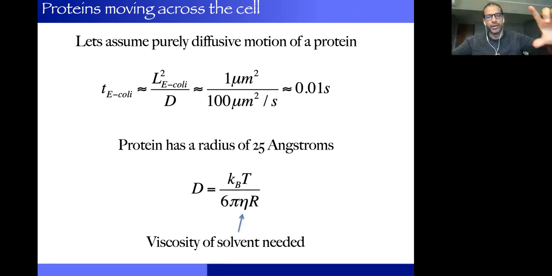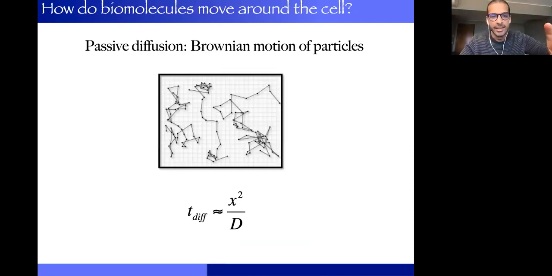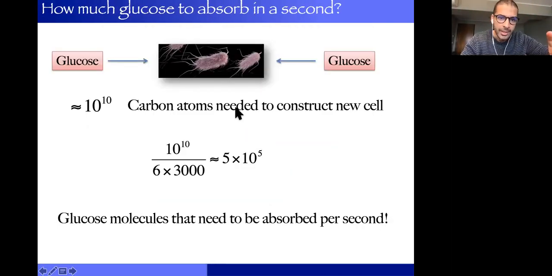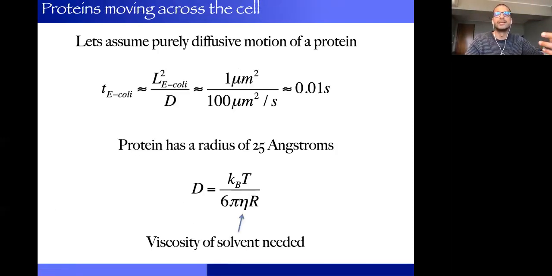Let's imagine the protein was marching along via a Brownian random walk. You can estimate the time it would take from the length and an estimate of the diffusion constant.